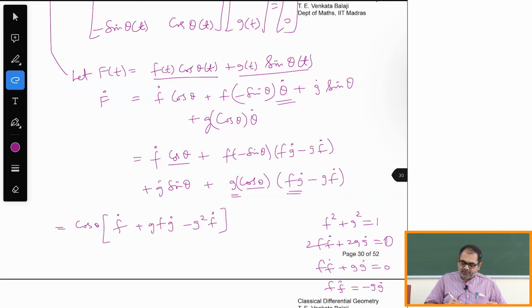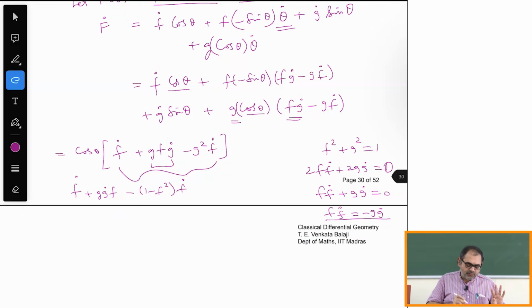What I want you to understand is that this g dot is minus f dot because of what I have written here. So these things will cancel out. Here this g dot you replace with minus f dot, so I will get f dot minus f dot into f, minus this term is f dot plus f squared f dot, and now this and this cancel, this and this cancel, so this term is actually 0.